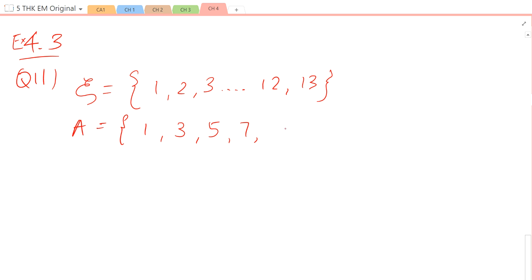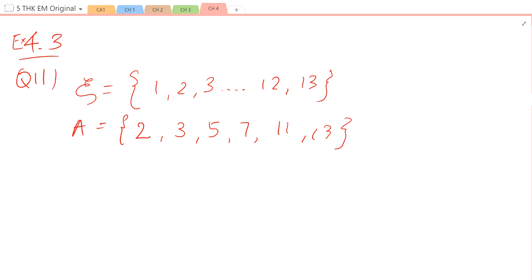No 9. Okay, 11, 13. All agree? No, Shufi, what is wrong? 1 is not a prime number. Anything else? What about 2? 2 is a prime number. These are the elements in set A: 2, 3, 5, 7, 11, 13.